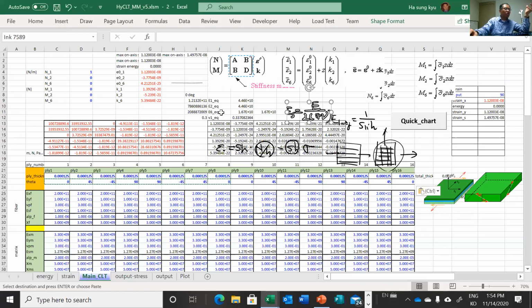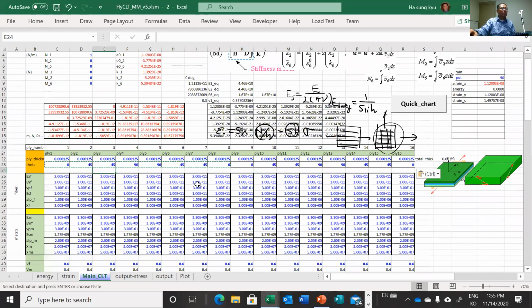In an isotropic material, we only have E1 and Poisson's ratio, and the shear modulus should be calculated from them. As you can see, it is the same. So we can notice from this simple calculation that it is isotropic.